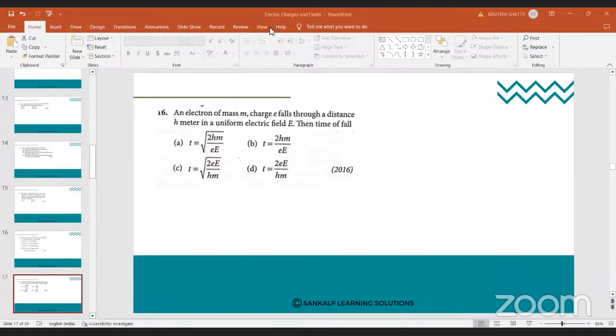Among the three equations, for time either I can take v is equal to u plus at, or I can take s is equal to ut plus half at square. If I take the first equation, v is equal to u plus at, I am getting option D. Let's check.